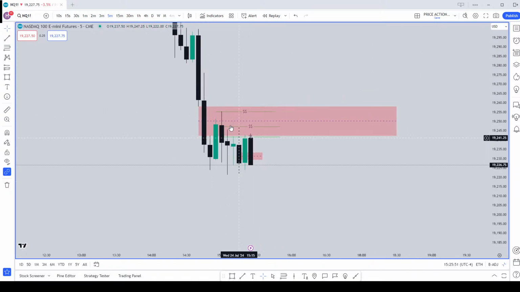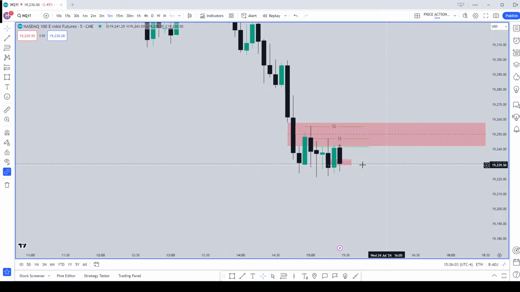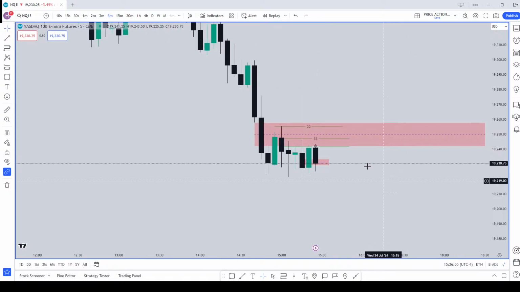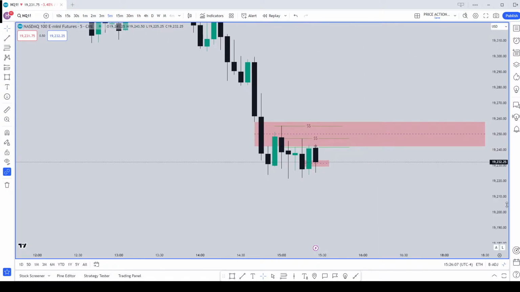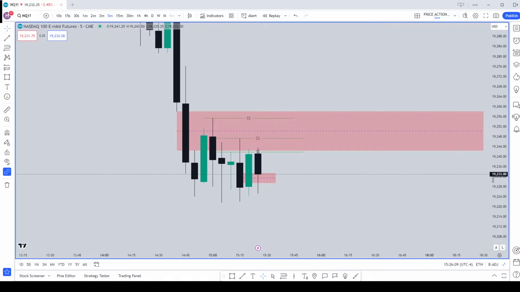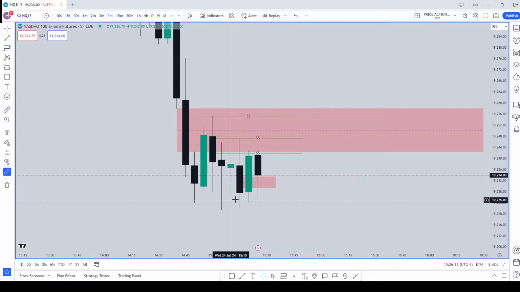Again, as you can see, when you see 1, 2, 3, 4, 5, 6, 7, and the range is there, there's not really much movement out here. This is when it gets a bit risky. However, if you are a scalper who goes in and out quick, this is something that you can be interested in.